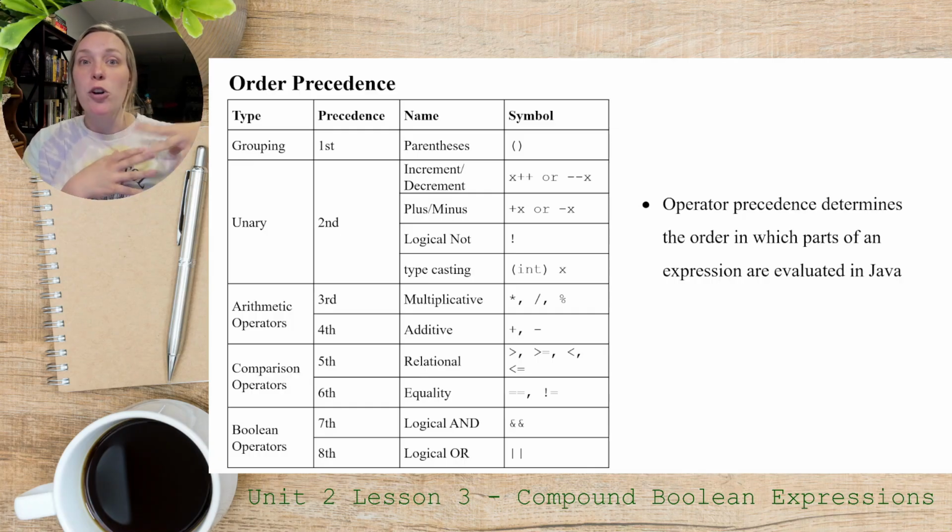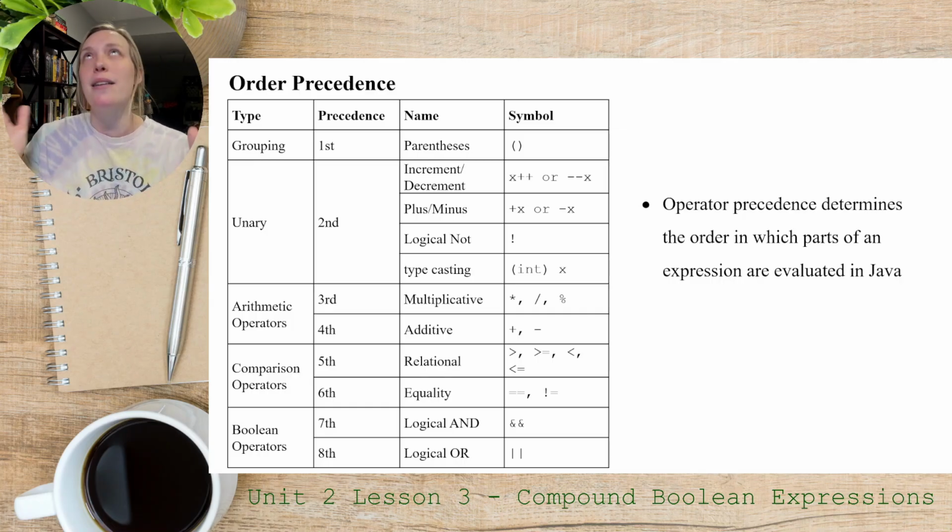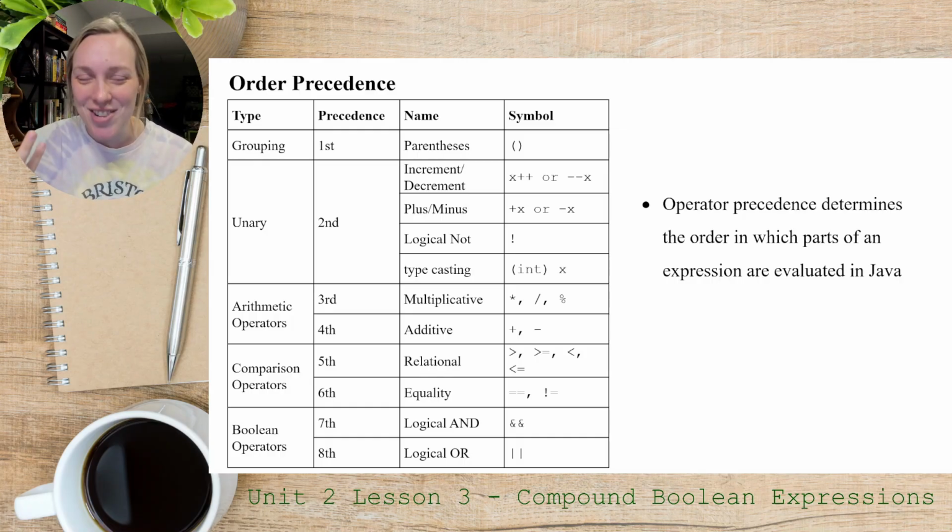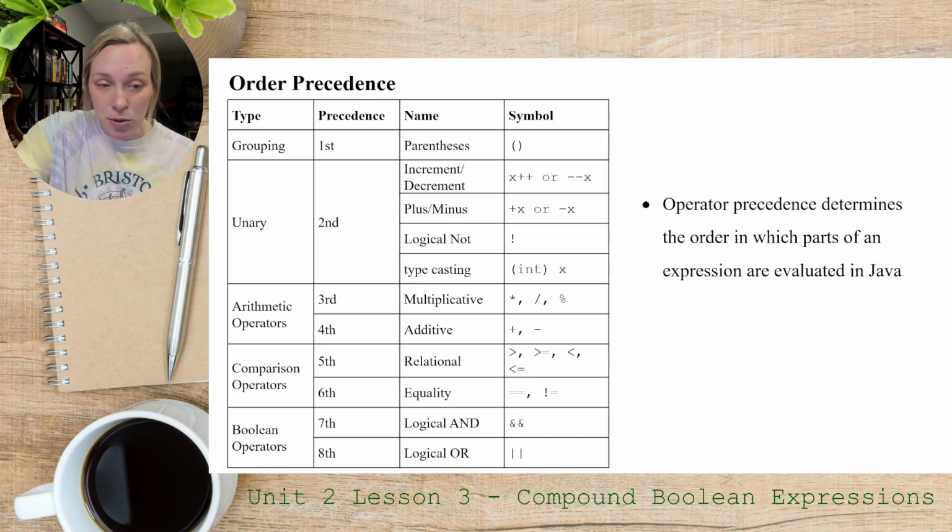If you look at an order precedence table online for Java, it's going to be much larger because there are a couple more symbols out there in Java that we don't use in this course, okay? But these are all of the symbols that we use. So it starts off with the grouping symbols first, which is just parentheses, right?